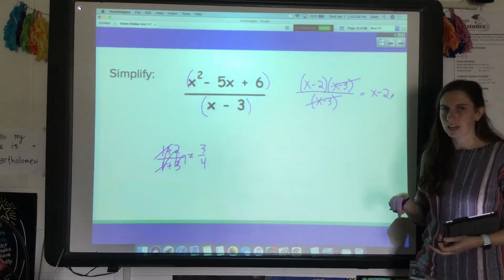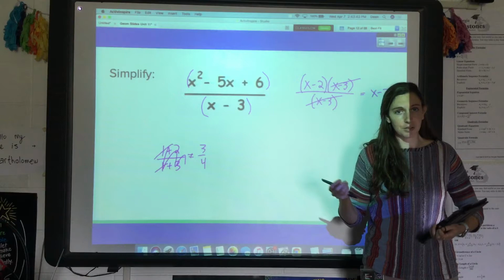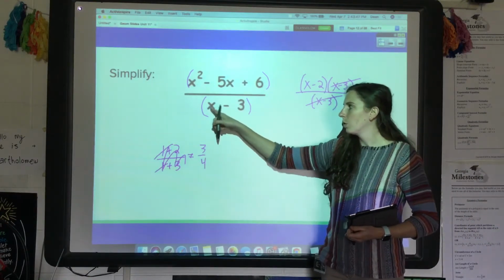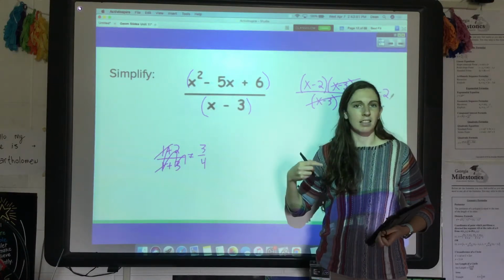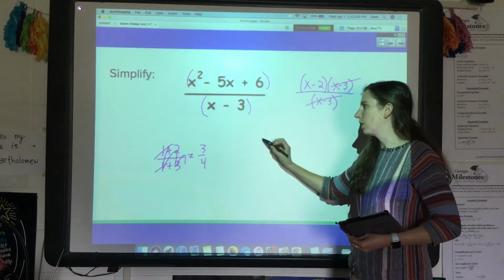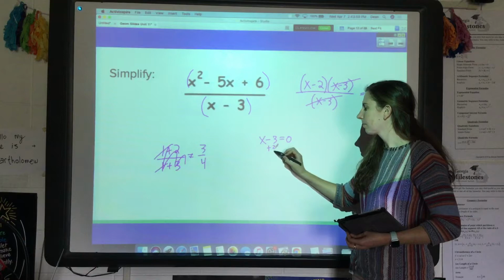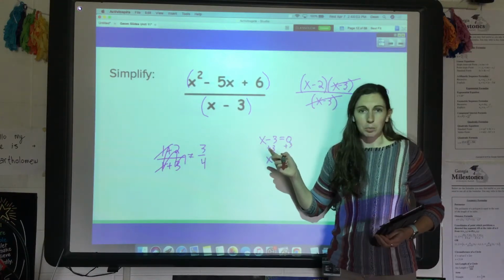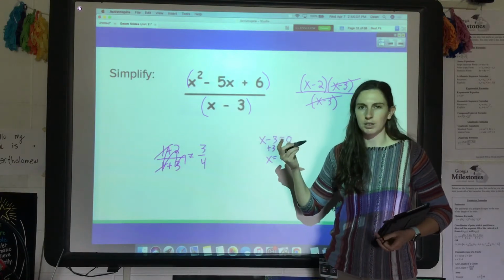One thing you do want to be careful with rational expressions is you never want to be dividing by 0, as always in math. So think about, what could I plug in here that would make this denominator 0? It's pretty easy to see that it would be 3. If you weren't sure, you could just set it equal to 0 and solve for x. So when x is 3, I'm going to have a problem because 3 minus 3 is 0, and then I'd be dividing by 0.